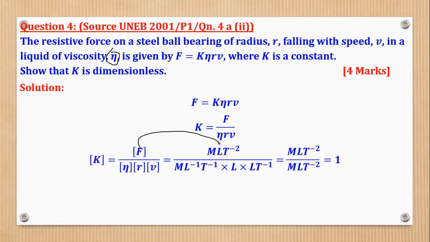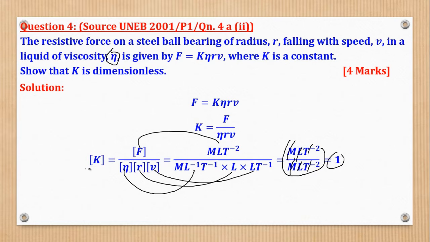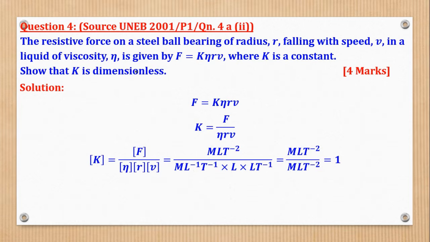And force, that's the dimension. Coefficient of viscosity, we know it. Radius is that, and velocity is that. So next is laws of indices. You come up with this, and everything cancels to remain with 1. Because I'm getting 1, it means k is dimensionless.